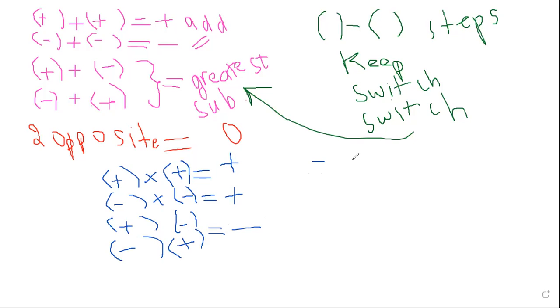In division it is the same. If I have division or a line of a fraction, which is the same thing, a positive number over a positive number always gives me a positive number. A negative number over a negative number will always give me a positive number. So negative over negative is also positive, while positive over negative or negative over positive is always negative.